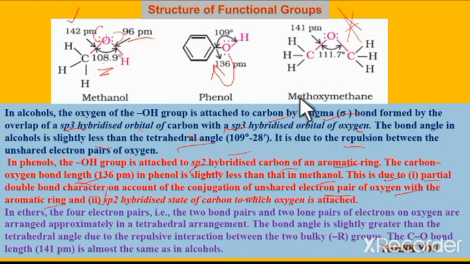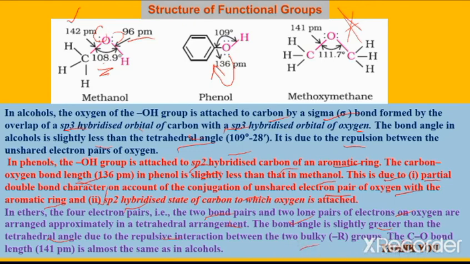In ethers, there are four electron pairs, that is two bond pairs and two lone pairs of electrons on oxygen, arranged approximately in a tetrahedral arrangement. The bond angle is slightly greater than the tetrahedral angle, due to repulsive interactions between the two bulky alkyl groups.